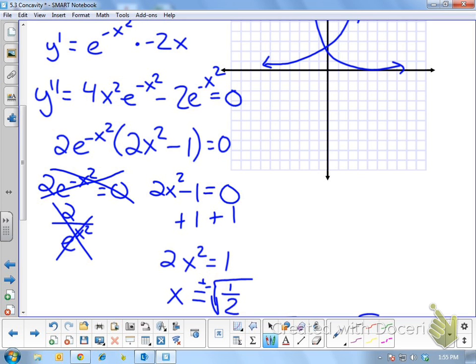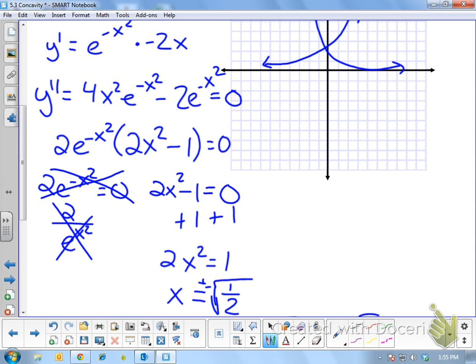And again, we don't really need to worry about this first part because what's going to happen with 2e to the negative x squared every time? It's always positive. E to something is always positive.